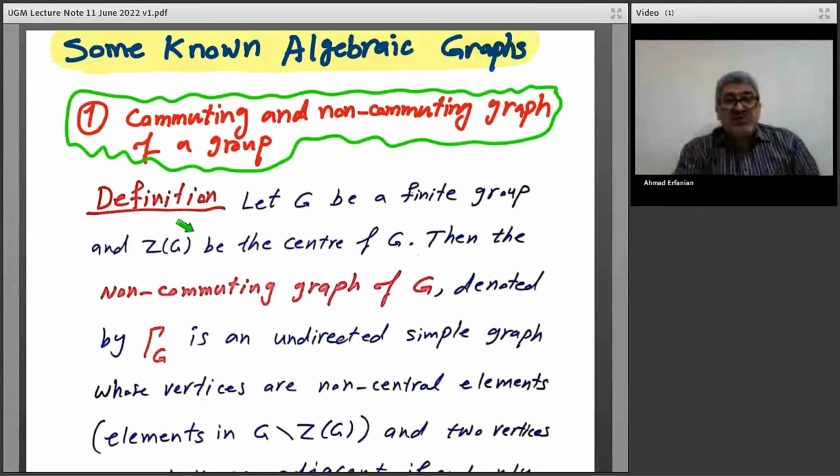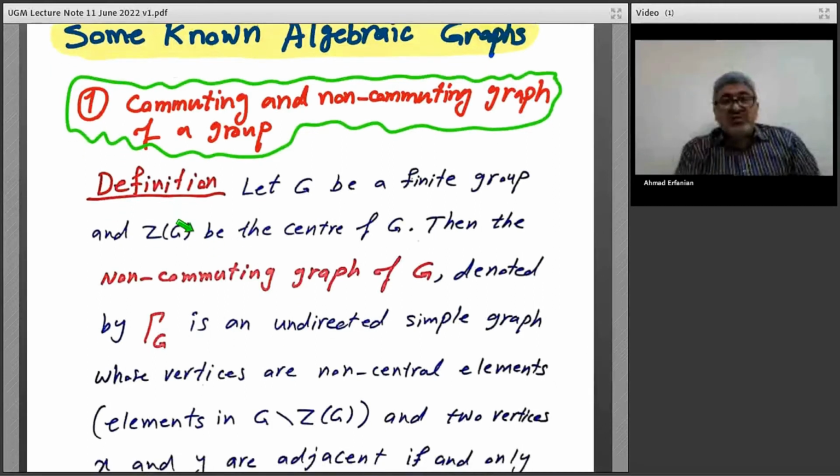So let us define the commuting and non-commuting graph. First, we introduce the non-commuting graph. Suppose that G is a finite group and Z of G is the center. Center means the set of all elements of G such that they commute with all other elements in the group.